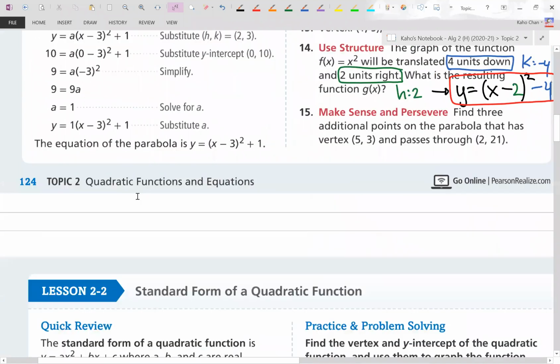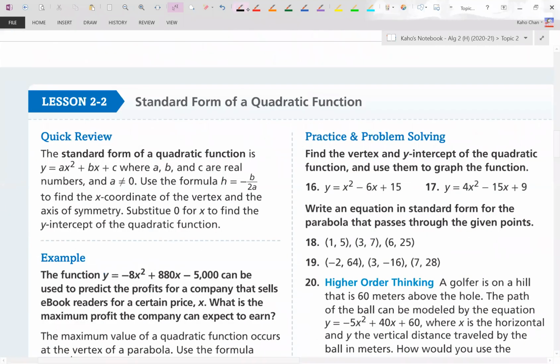Let's move on to the standard form of a quadratic function. Again, this is review from Algebra 1. y equals ax squared plus bx plus c.